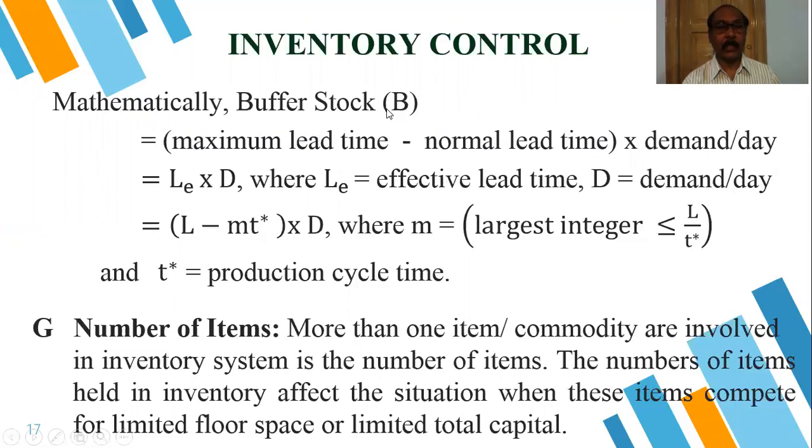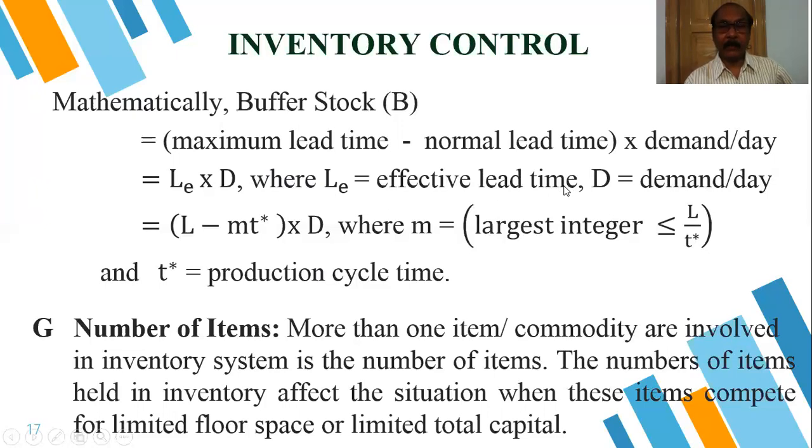So the difference is 5 days, into the demand per day. Every day, how much demand we have, that means the requirement in stock, or the quantity we need for production per day. We call that difference LE, so B equals LE into D, where D is our demand per day. This D, and previously we discussed that this D is different.